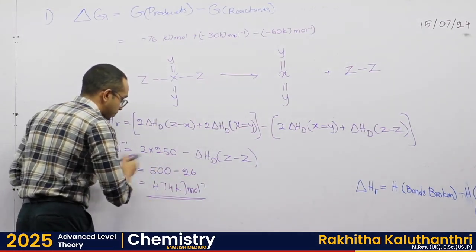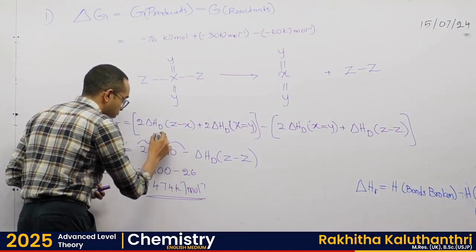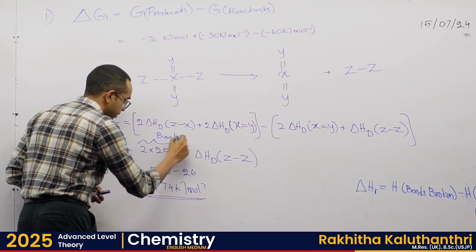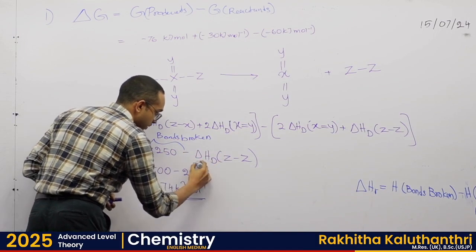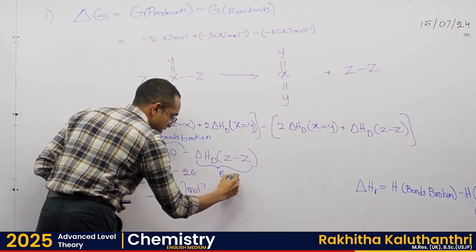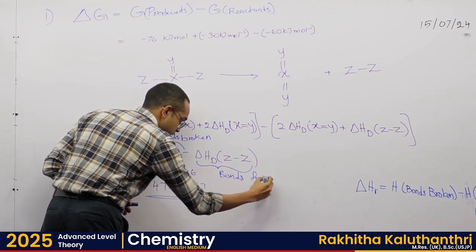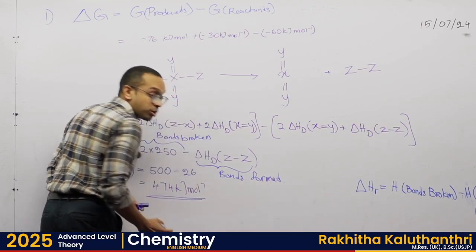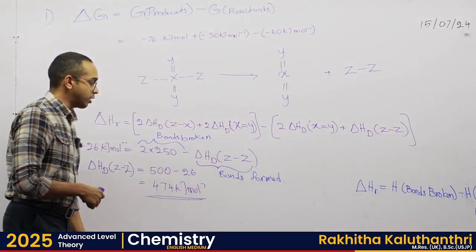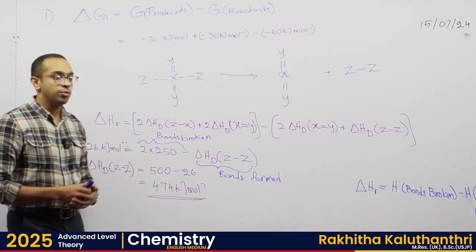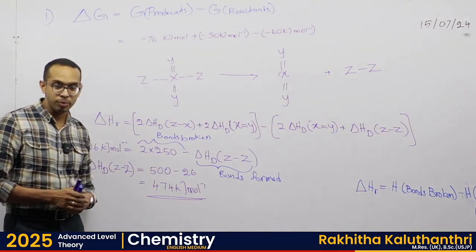This part is basically representing bonds broken, and the minus this part represents bonds formed.